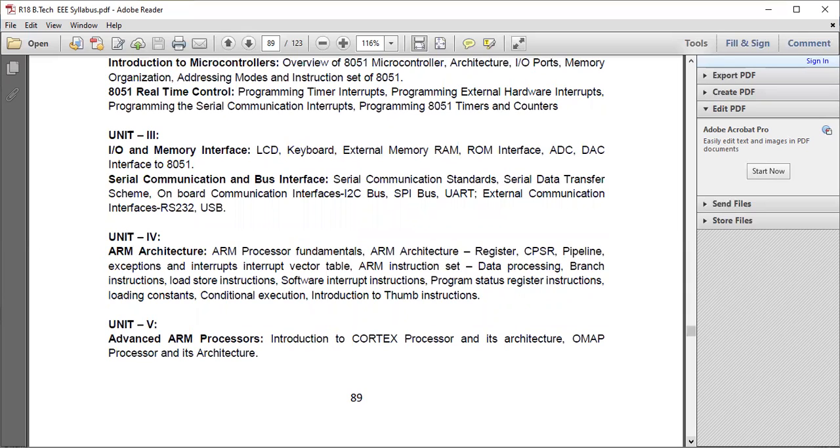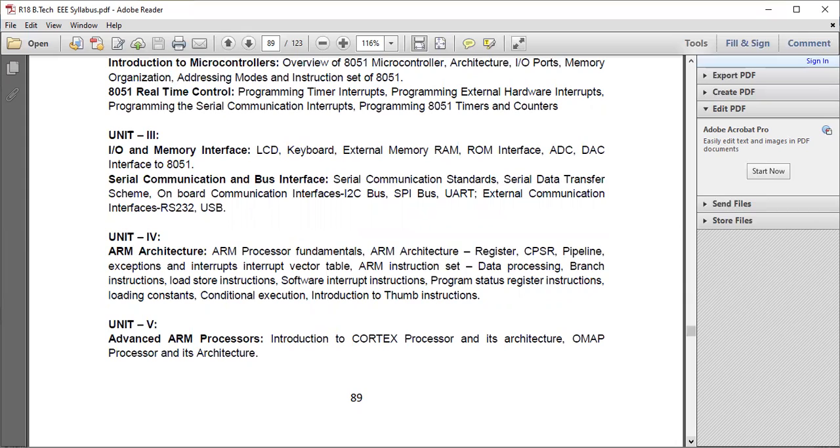How you will interface all these to the 8051 microcontroller, we will discuss in the third unit, first part. How you will interface LCD to 8051, keyboard to 8051, RAM, ROM to 8051, ADC and DAC to 8051. We will discuss all these topics in the third unit, first part.